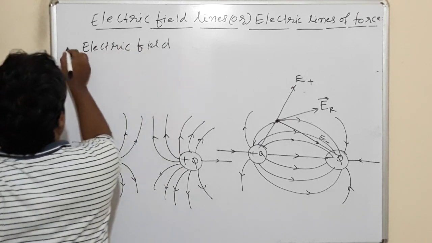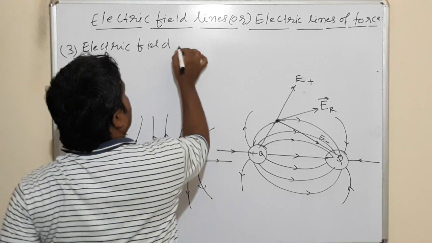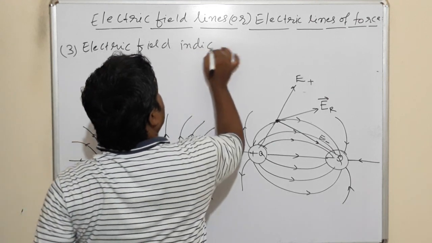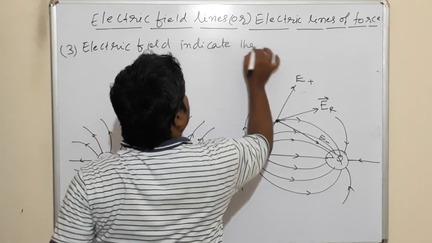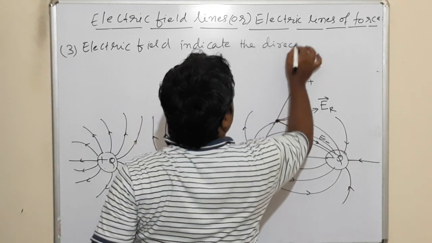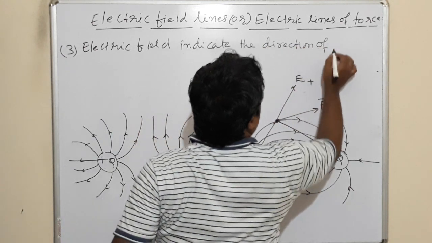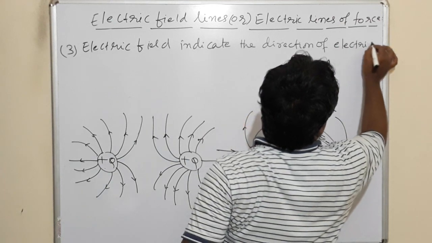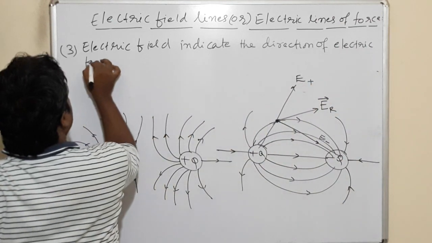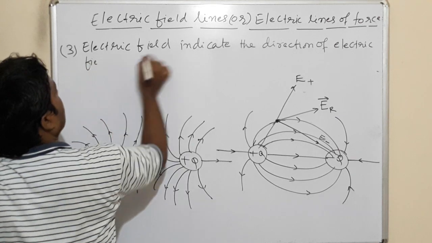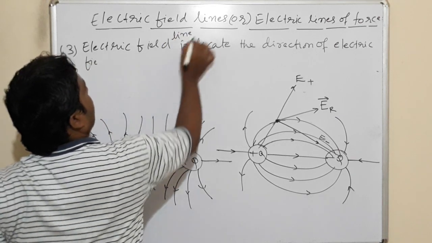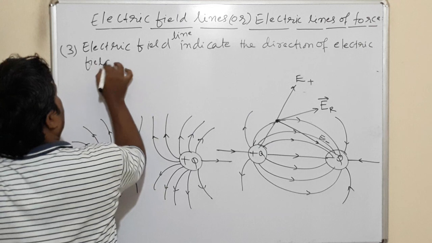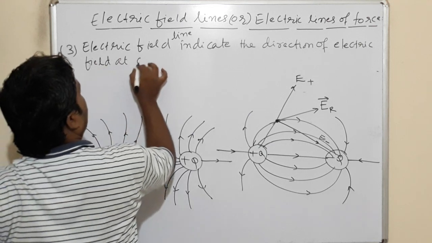This is the third property: electric field lines indicate the direction of electric field at a particular point.